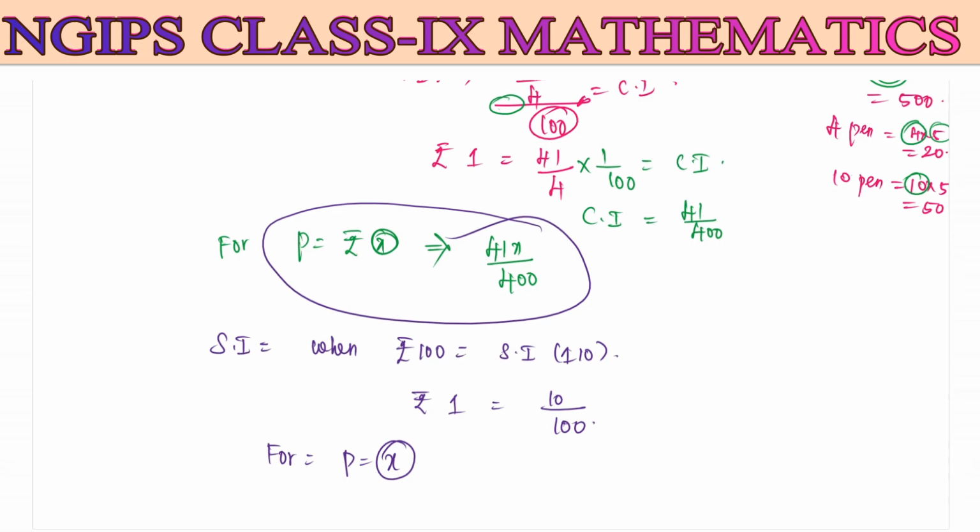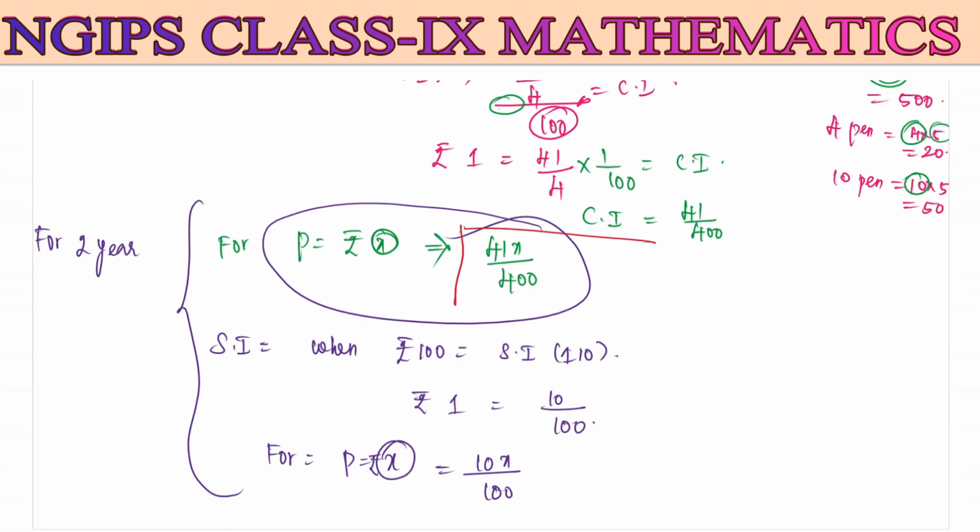So for x rupees we multiply with x: 10x divided by 100. Now this is the compound interest and the simple interest for 2 years. This is the compound interest for 2 years, and this is the simple interest for 2 years.